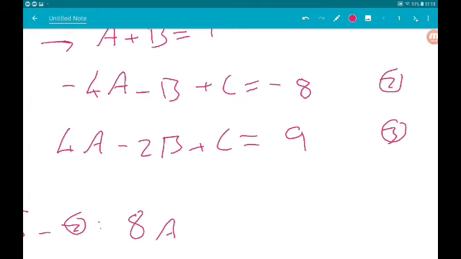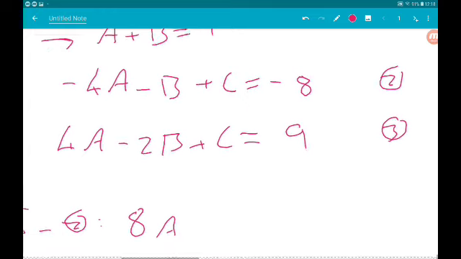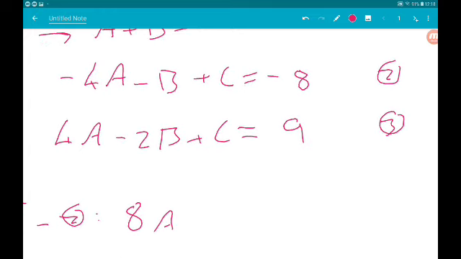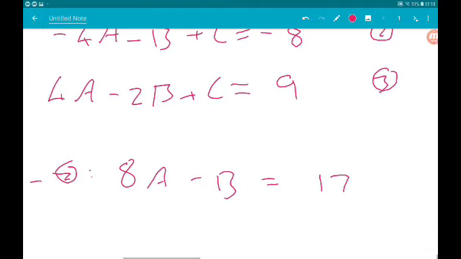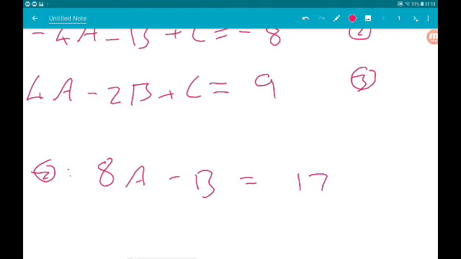Minus 2B minus minus B gives us minus B. And then C minus C is 0, that was the whole point. And then 9 minus minus 8 is 17. Okay, let's call that equation 4.